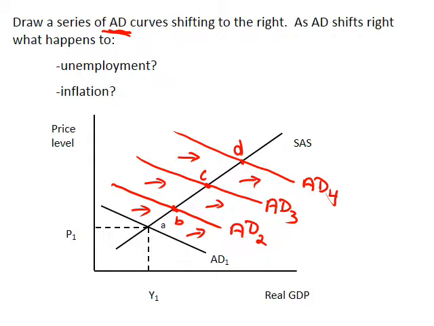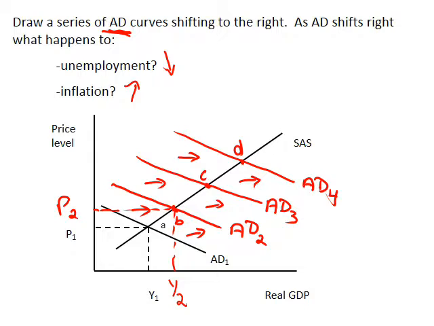As we go from A to B, we see that output or real GDP has increased, so unemployment has gone down. And when we move from A to B, we see that the price level has gone from P1 to P2, so inflation has gone up. If we look at the relationship between, I'll just call this Y2.